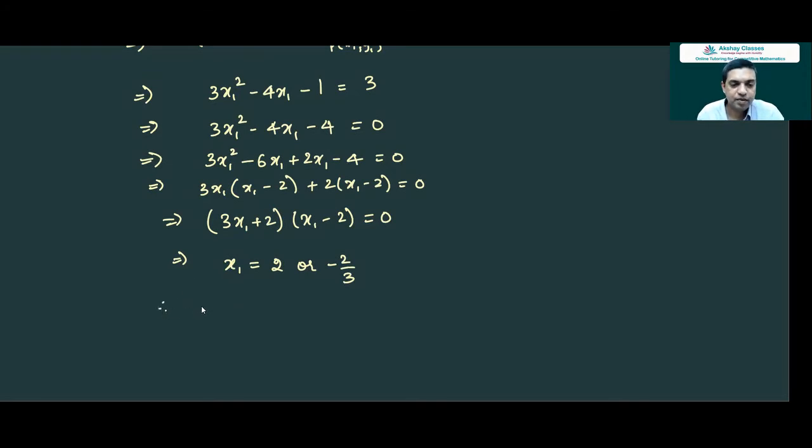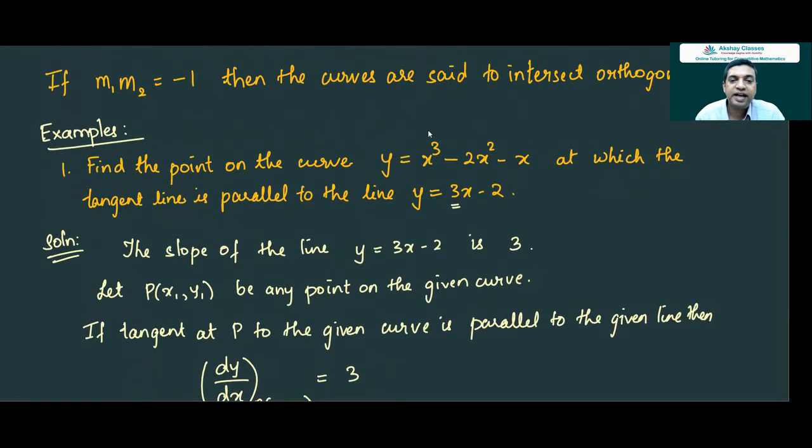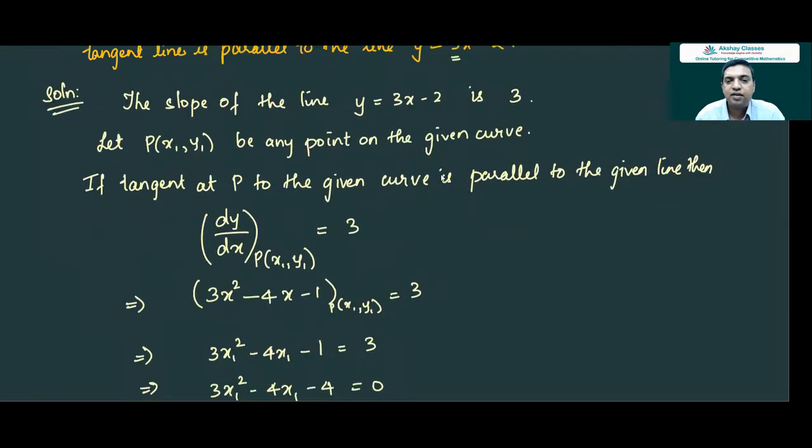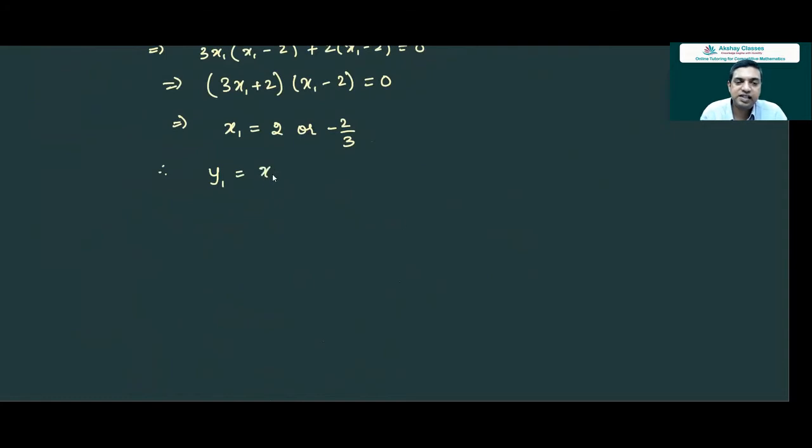Therefore, (x1, y1) lies on the curve. y1 is x1 cube minus 2 x1 square minus x1. Now, if x1 is equal to 2, y1 is 2 cube minus 2 into 2 square minus 2, you get -2.